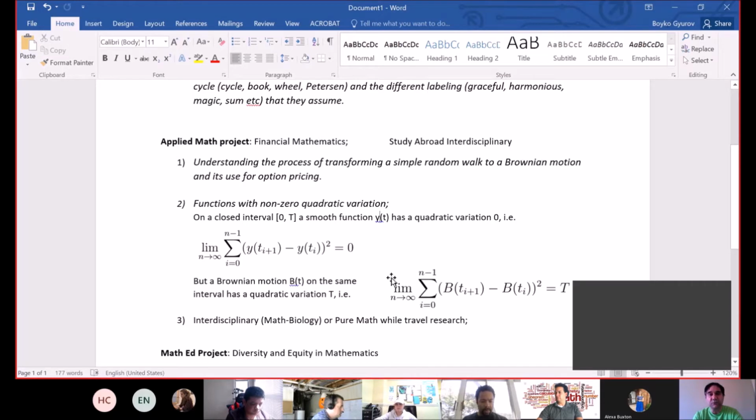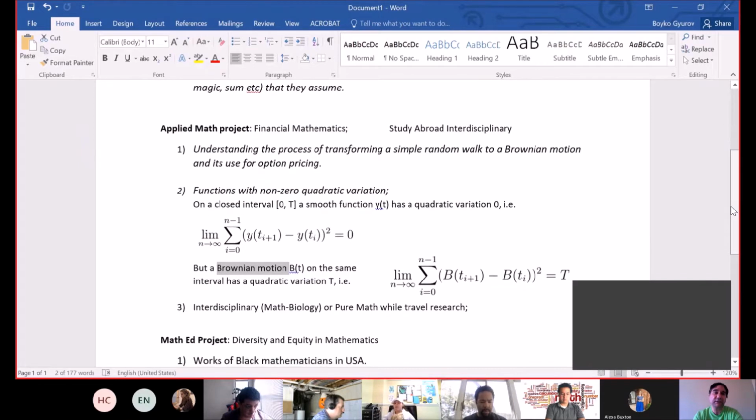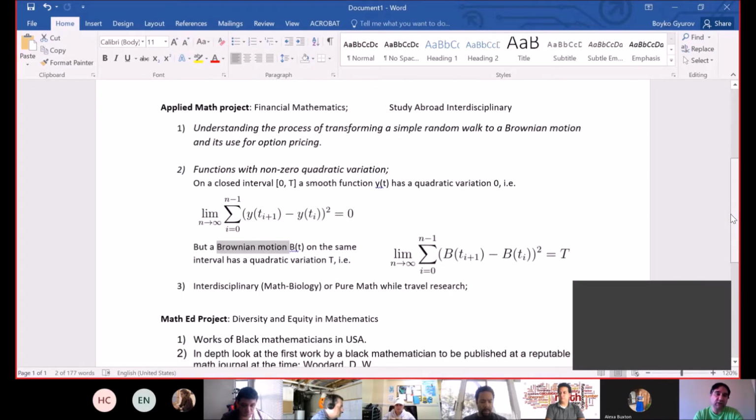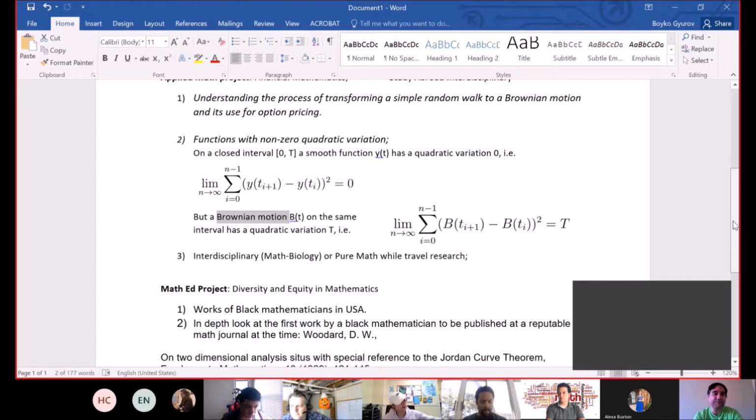It's not very hard to prove also, but it requires a little bit deeper understanding of what Brownian motion is, that the quadratic variation for a Brownian motion is actually not 0. And it's a fascinating intuition that builds in a mathematician. So it's not hard, but a very interesting discussion and can easily go in whatever direction we want to shape it.